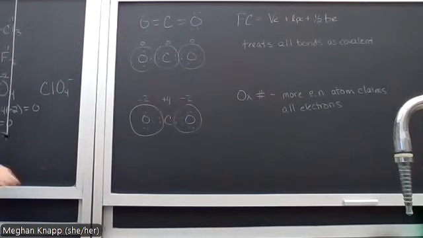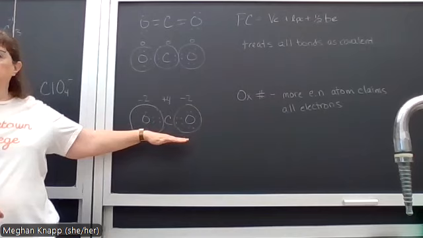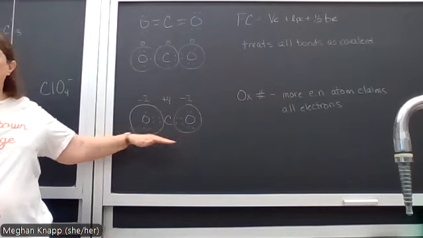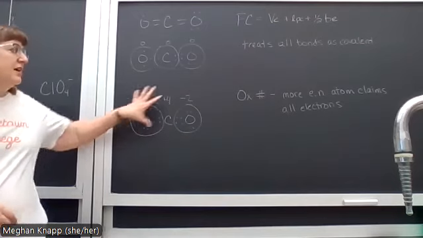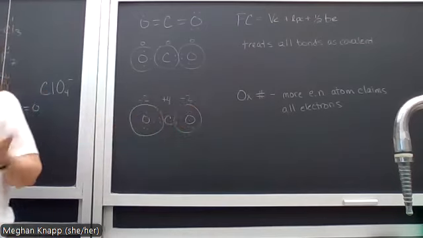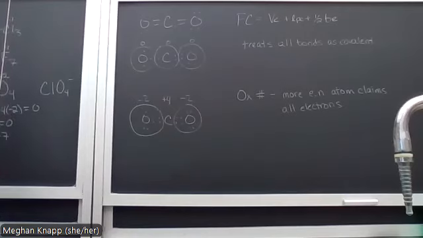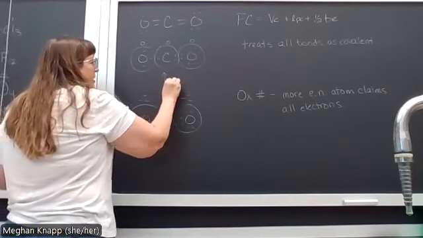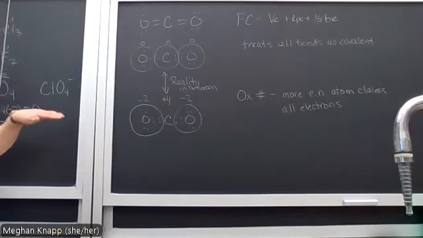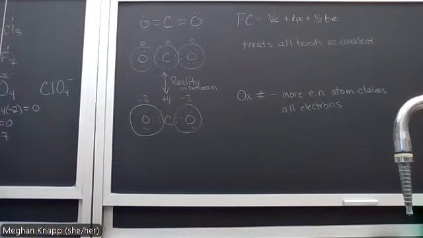Okay. Now, is this an accurate picture here? Not really. We do have a negative charge on the oxygens, but we know that nonmetals share electrons. There is some sharing going on. So the truth is in between. Oxidation numbers work really well for ionic compounds because ionic compounds don't share quite as equally.